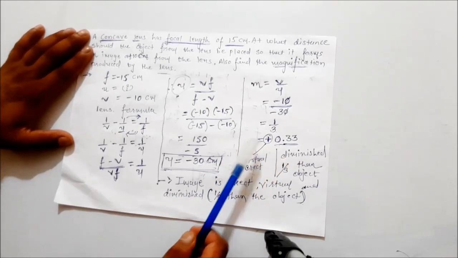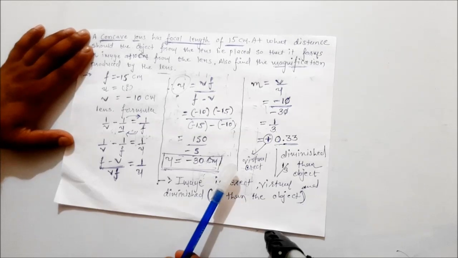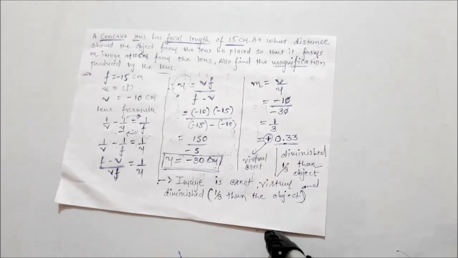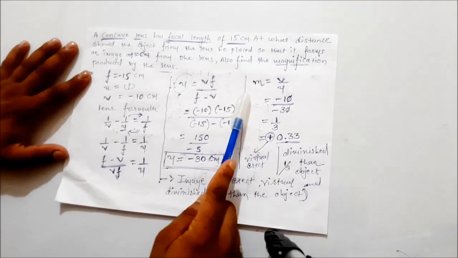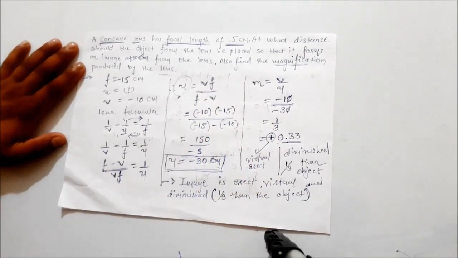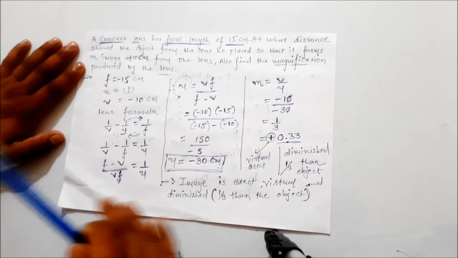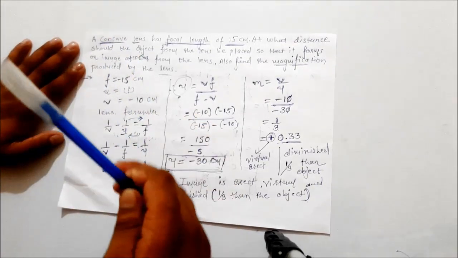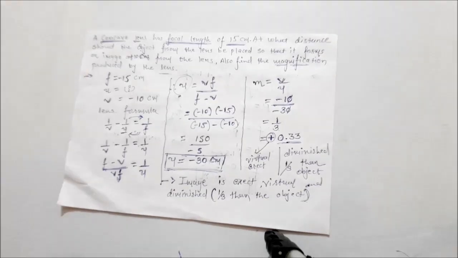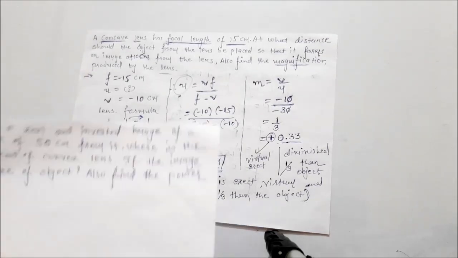Positive sign shows that our image will be virtual and erect, and the value which is less than 1 shows that our image will be diminished, small. As we can see, magnification is 1/3, means it is third part than the object. Our image will be 1/3 than the object. So this way we have to calculate different type of sums.